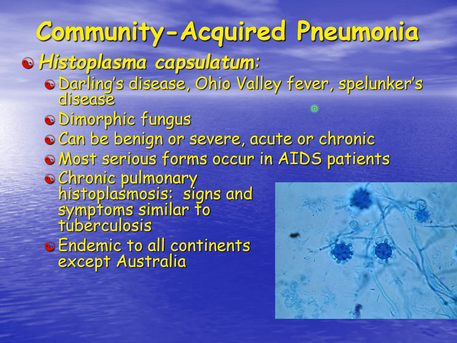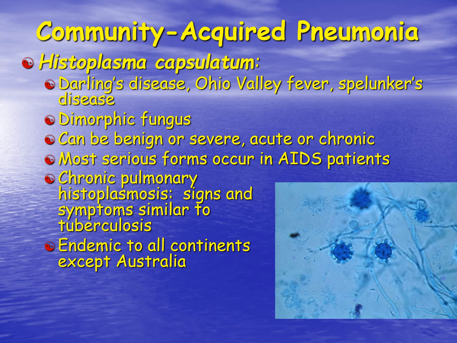And this is most associated with bird droppings and bat guano, hence the spelunker's or caver's disease. So the birds and the bats actually shed the organism in their feces. The feces dries, then will be aerosolized, and we breathe it in.